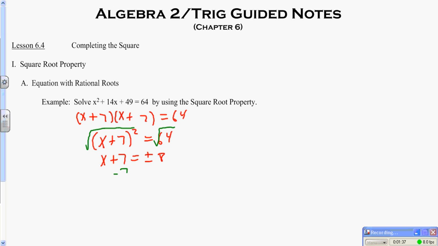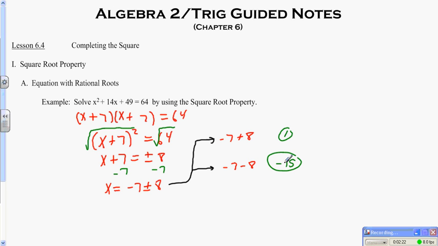So we would subtract 7 and finish with x equal to negative 7 plus or minus 8, which means two different answers. It means negative 7 plus 8, and it means negative 7 minus 8. So our two solutions are 1 and negative 15.